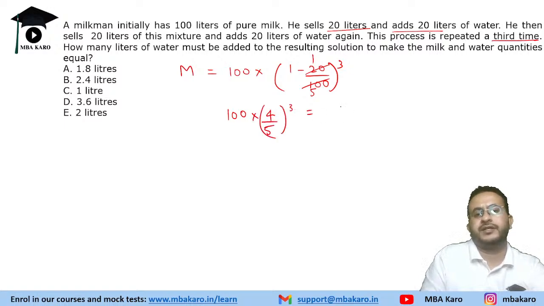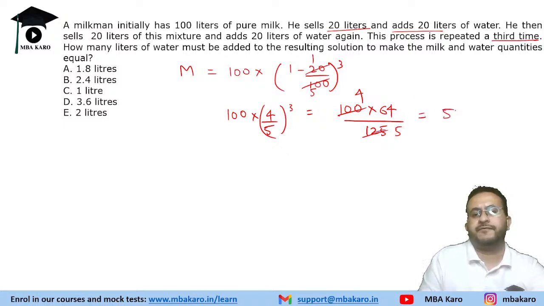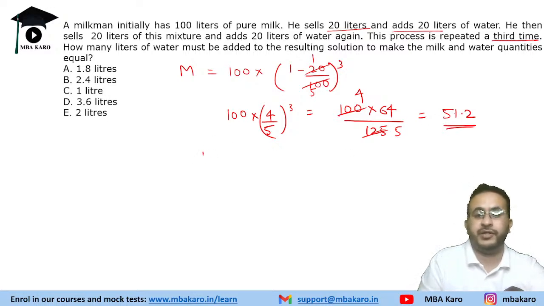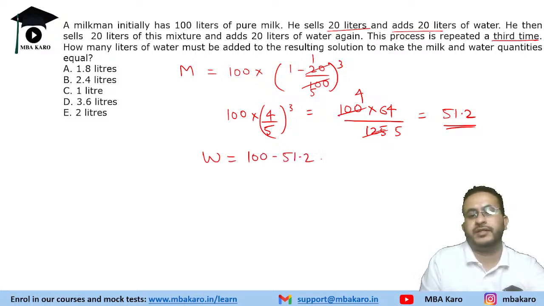Or you can say 100 into 64 by 125. So 4 by 5. So this is 0.8, that is 51.2 you will get as the volume of milk. Okay. Milk kitna hai? So how much will be water? Water will be 100 minus 51.2, that is 48.8, right?